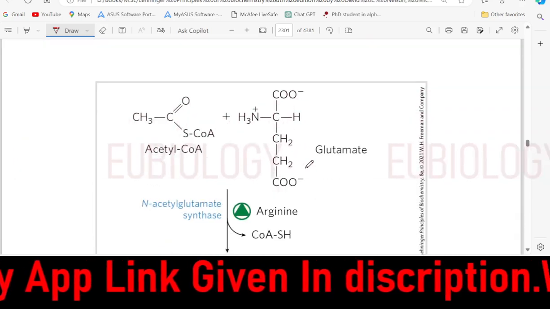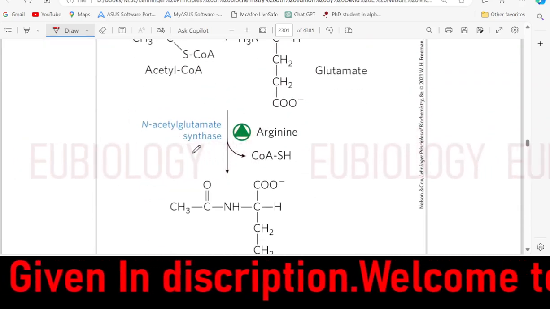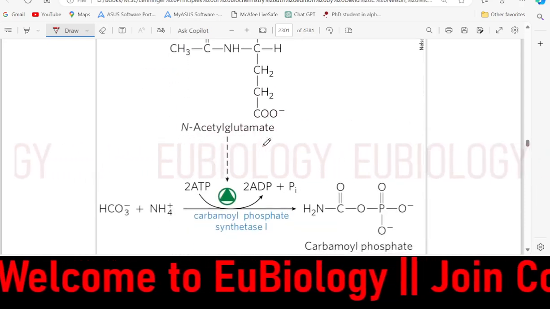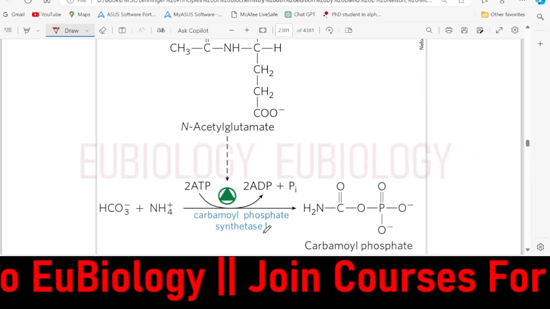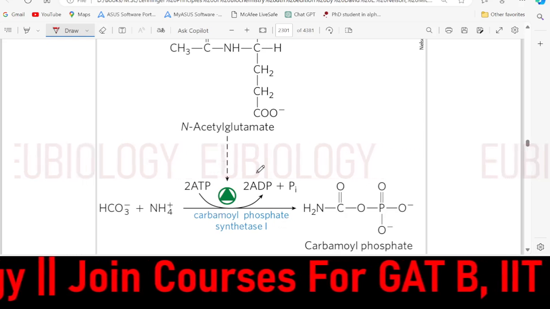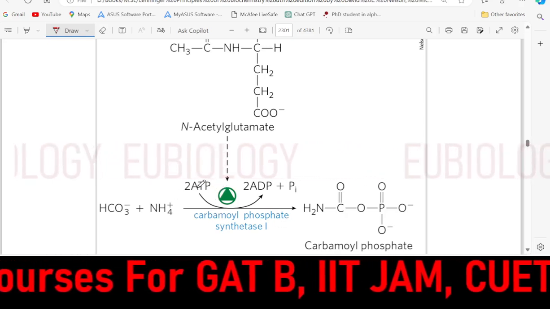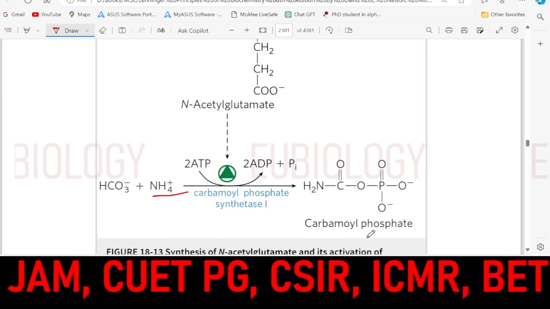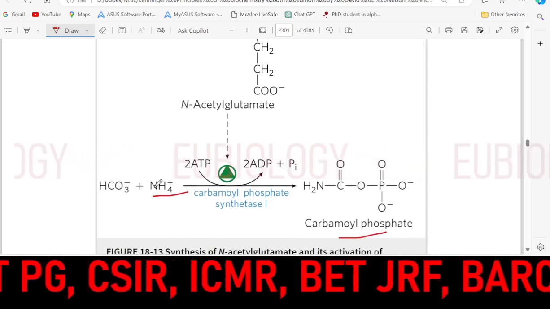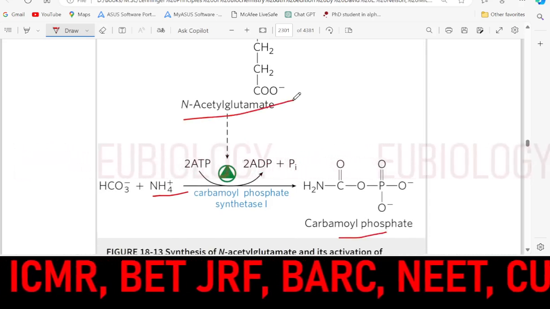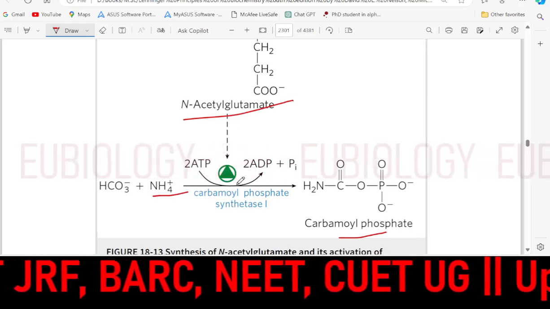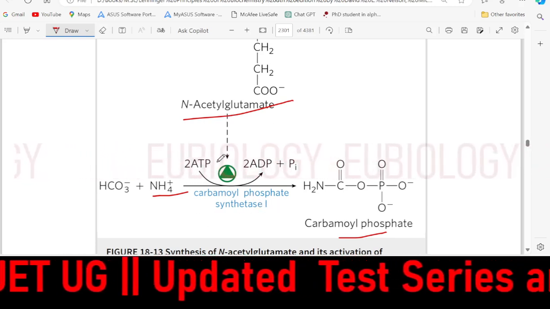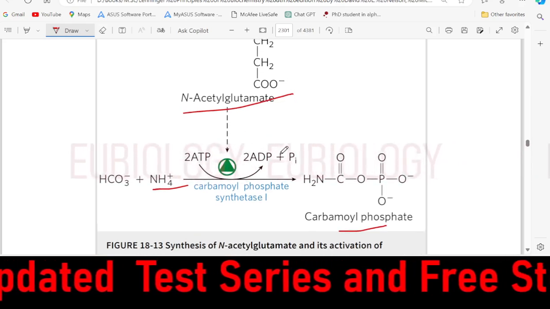Okay, now this is the illustration which is already explained above, as I said. So carbamyl phosphate synthesis 1 will convert the ammonia into the carbamyl phosphate, and here you require this N-acetyl glutamate, which is the allosteric substrate for the enzyme synthetase 1, and finally you will get the carbamyl.